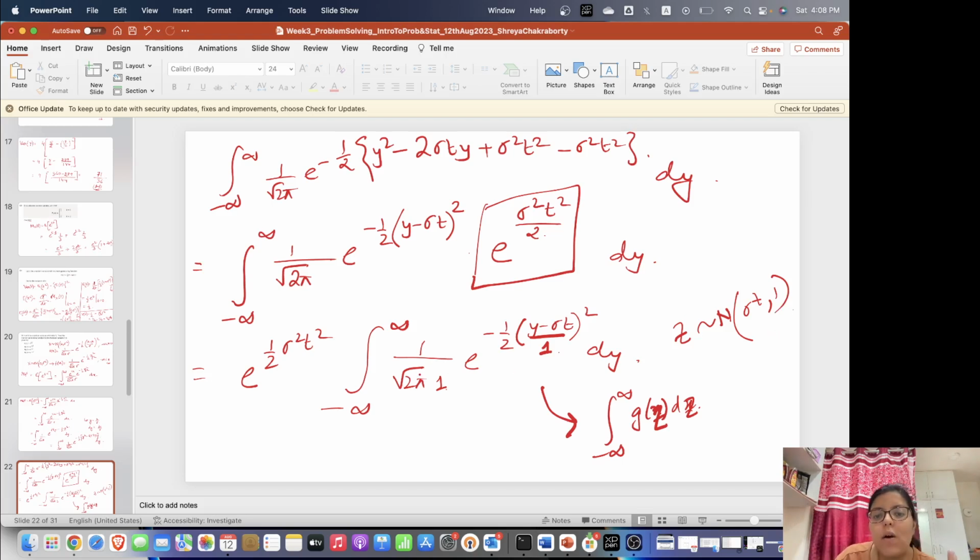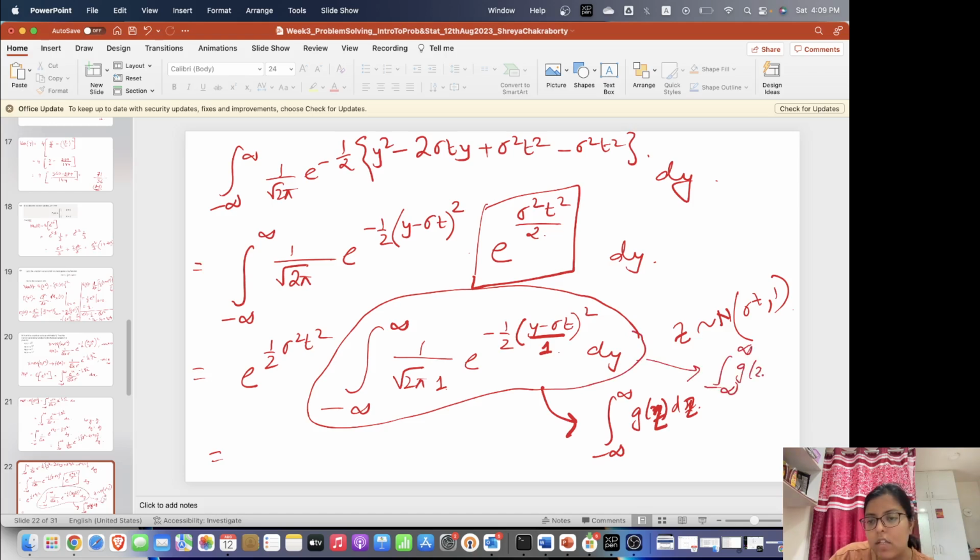Now we are integrating the raw PDF over minus infinity to infinity. Then what should this value be? It should be 1, exactly. So this is nothing but the integral of g(z) dz, which is 1.